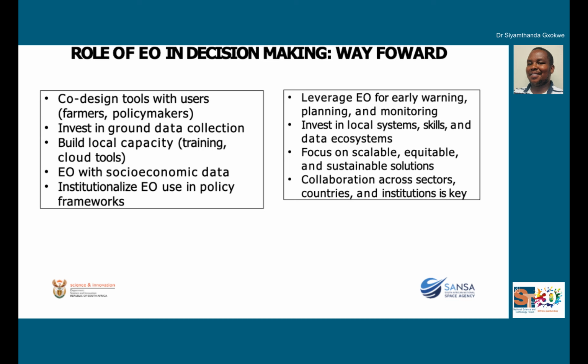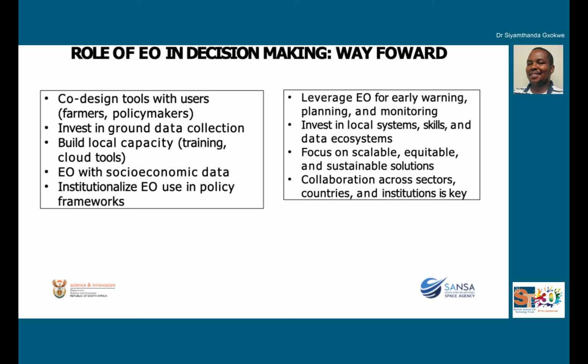And also, we need to build local capacity to train people, because now there are technologies, there's AI that is coming up, which we are trying to adopt, and as a result we need to build capacity on that. Then there's a need for training on these cloud tools that allow us to build these systems.